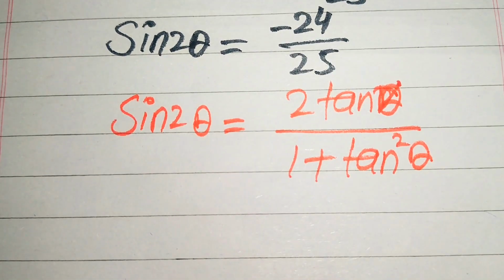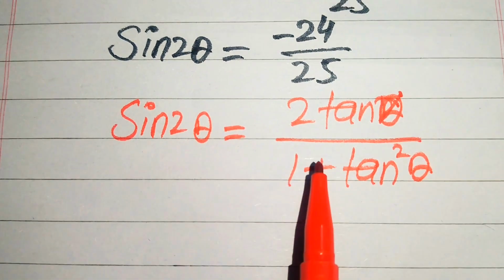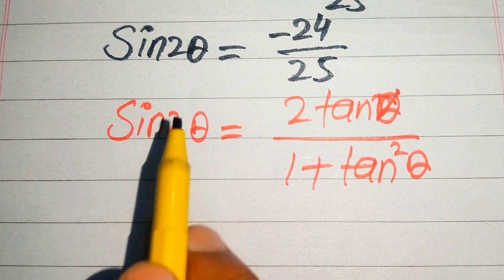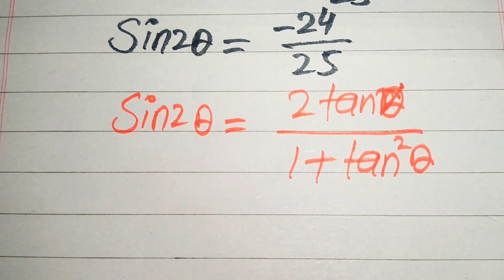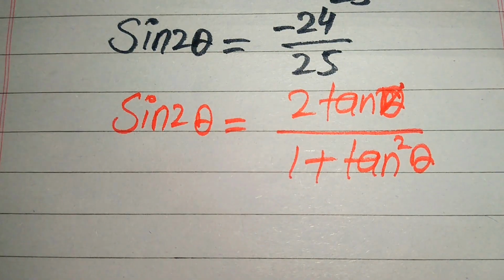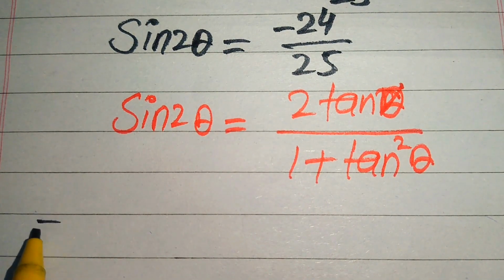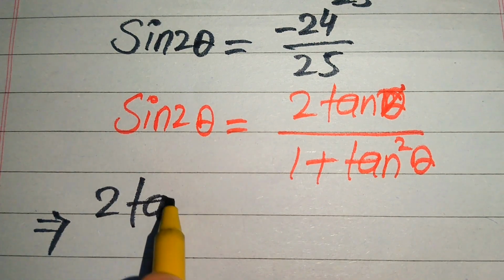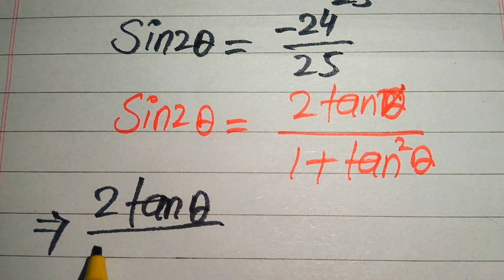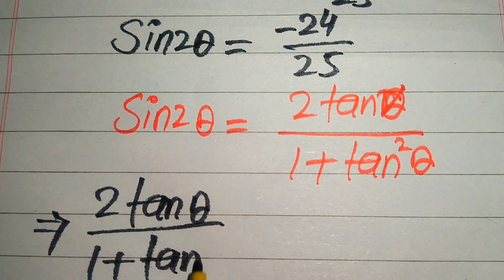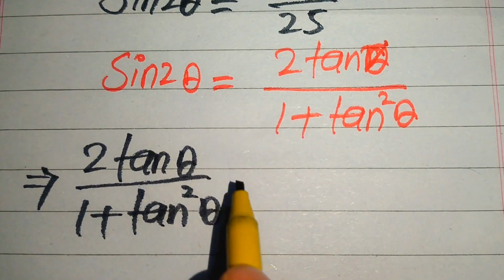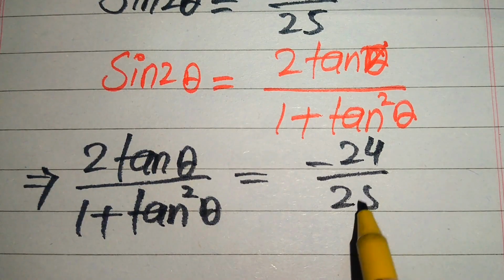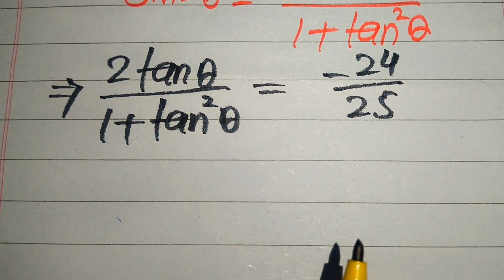So we write sine 2 theta in the tangent form, and now we write the above equation as 2 times tan theta divided by 1 plus tan square theta equals minus 24 divided by 25.